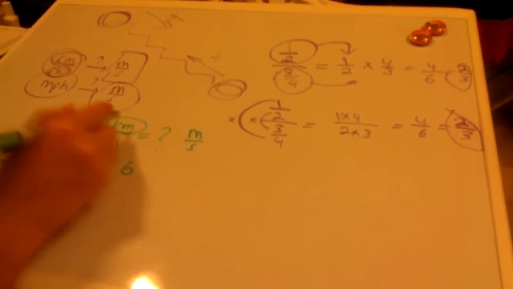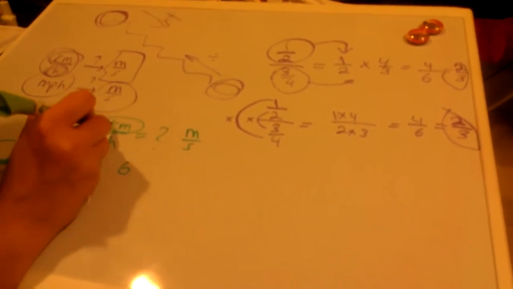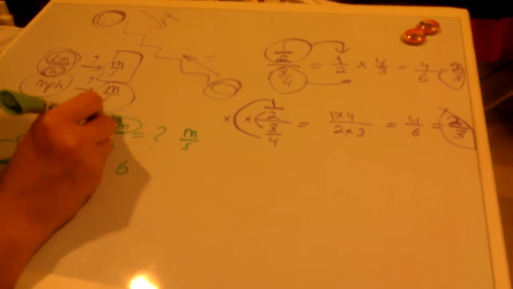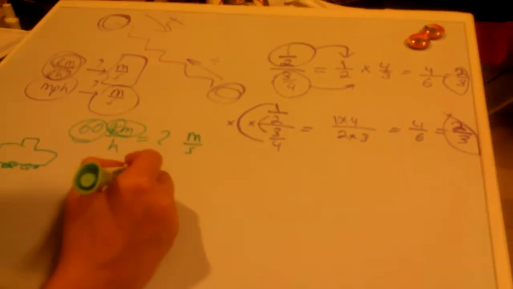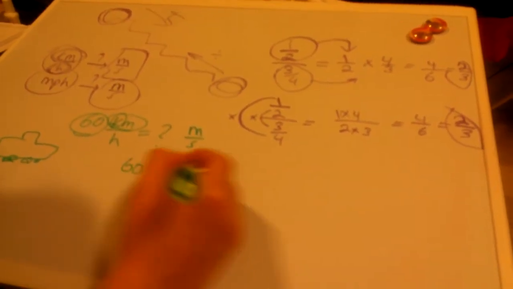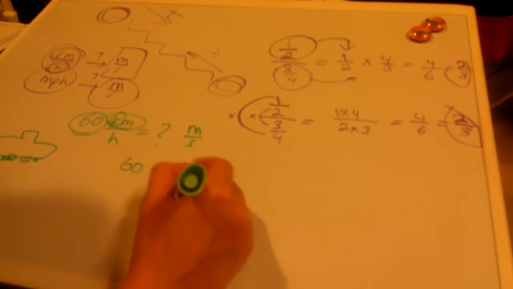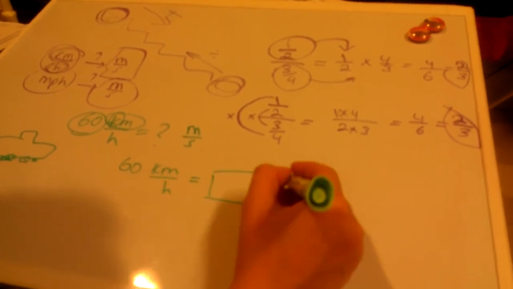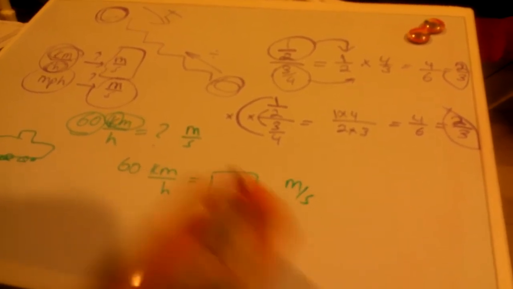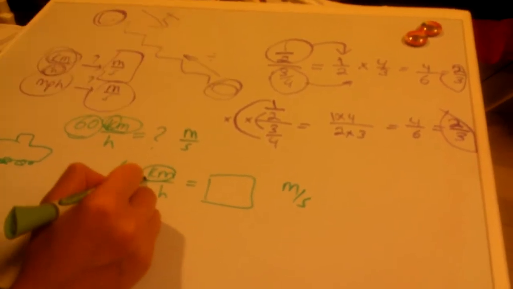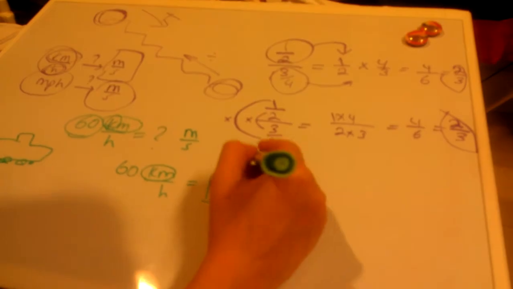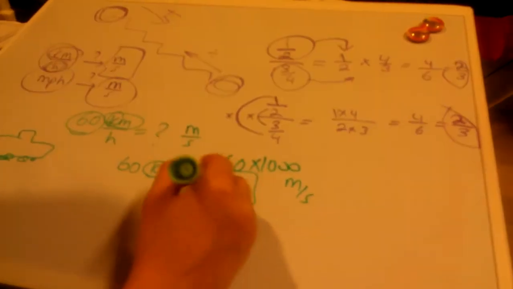And I already told you in class that whenever you have kilo, it means the conversion factor is 1,000. So 60 kilometers per hour. Now I want to see how many meters per second that is. So for kilometers to meters, the conversion factor is 1,000.